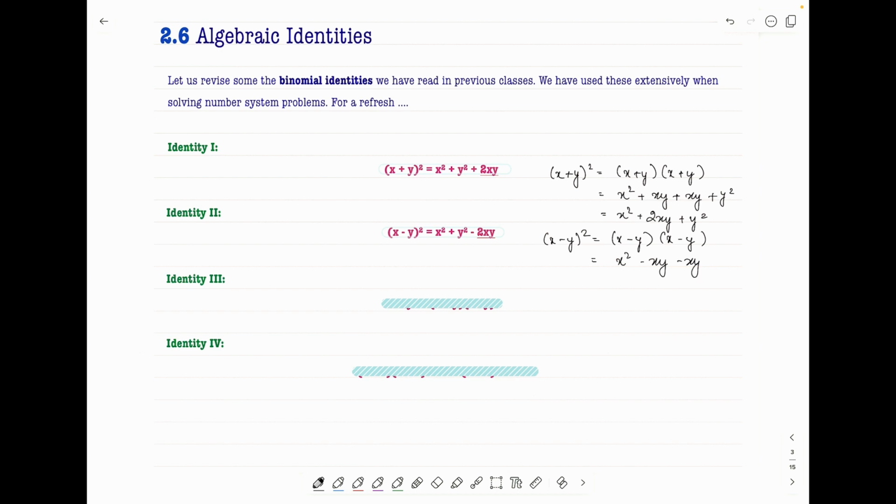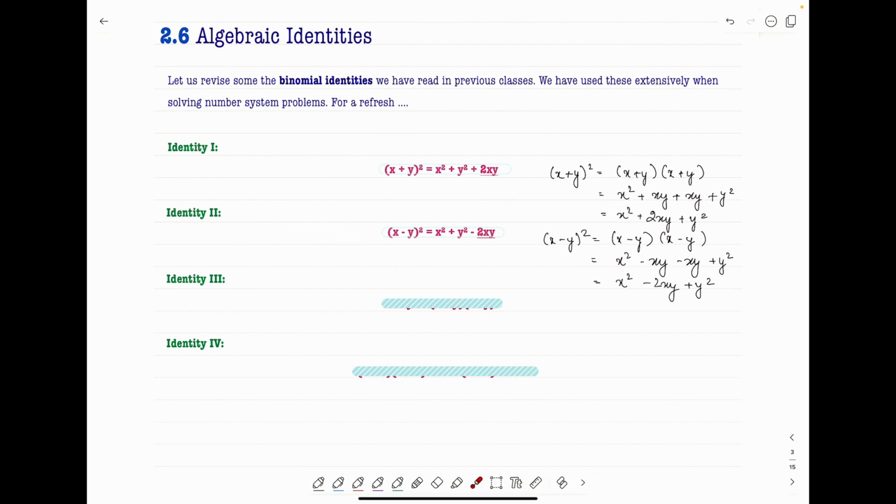Then minus y into minus y is plus y square. So this will be written as x square minus 2xy plus y square. This is written here. Identity 2 is: (x minus y) whole square equals x square plus y square minus 2xy. This is the second identity. You have read about this identity in 7th class.